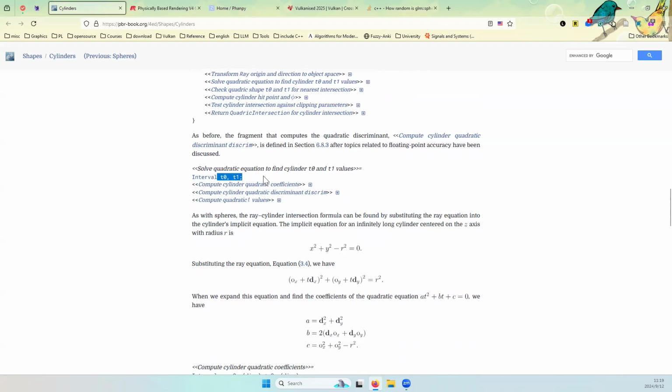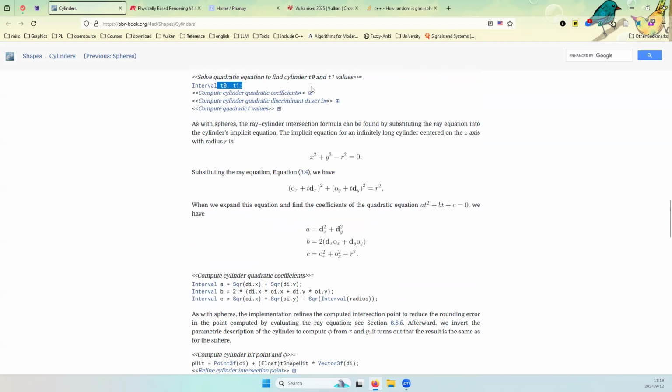Ray cylinder intersection formula can be found by substituting the ray equation into the cylinder's implicit equation.